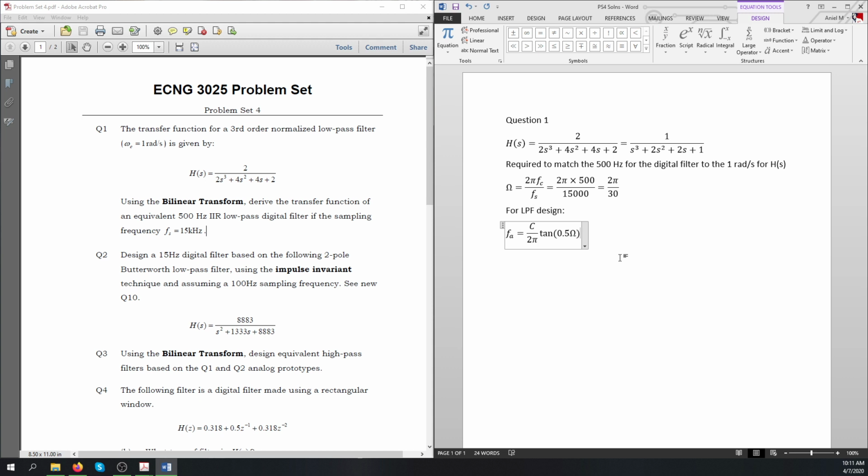We know that if it was for the high-pass filter design, it will be a different equation, where instead of using tan, it will be cotan and so forth. Because we just calculated capital omega, our digital frequency, and we know what our analog frequency is, because it was given by the normalized low-pass transfer function, that means we just need to calculate C accordingly.